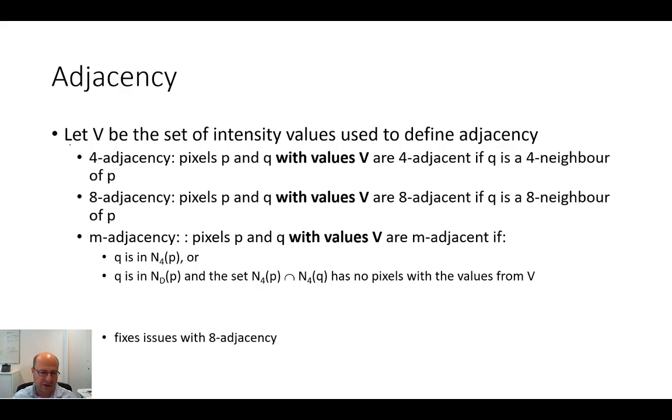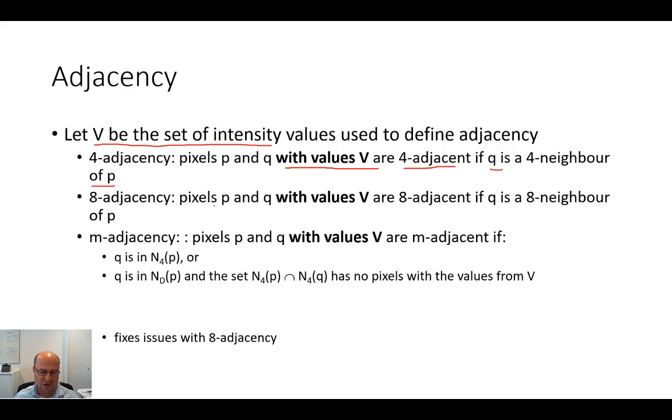This will be related to the value V, the set of intensity values used to define adjacency. For 4 adjacency, pixels P and Q that have the same value V are 4 adjacent if Q is a 4 neighbor of P. We're going to see examples of this in a minute.